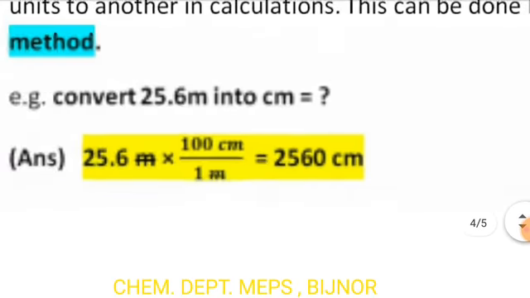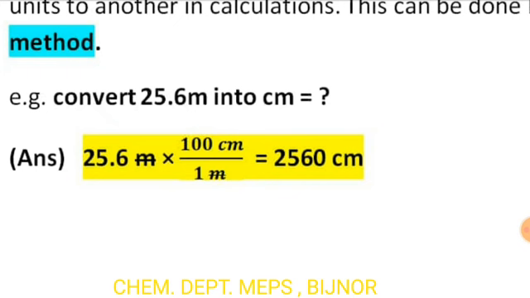So in this question, 25.6 meter is converted into centimeters, centimeter is the desired value, and you easily know 1 meter is equal to 100 centimeter. So 25.6 meter multiplied by the fraction 100 centimeter on the upper side, the desired value, and 1 meter on the below side.